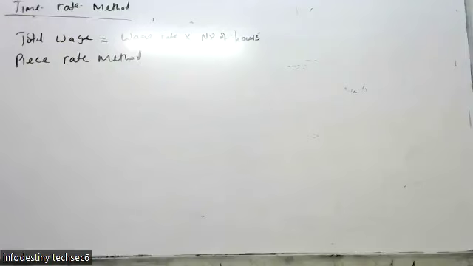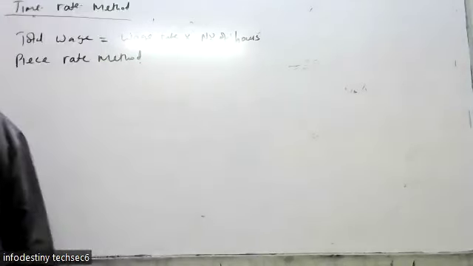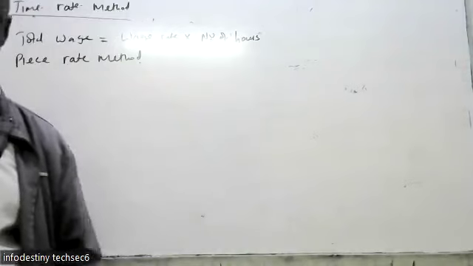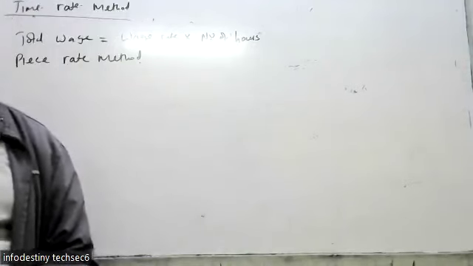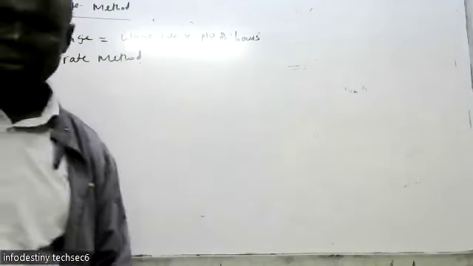This method is used only if the work cannot be divided into uniform pieces. So that is known as the piece rate method. You can only apply it if you cannot divide the work into uniform pieces. So let's continue by looking at the deduction.